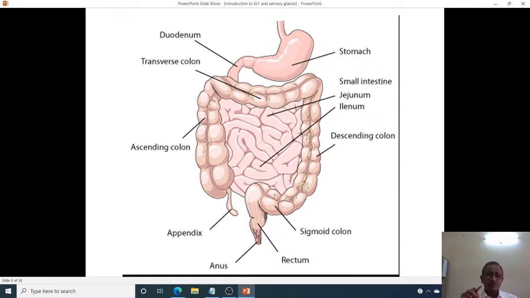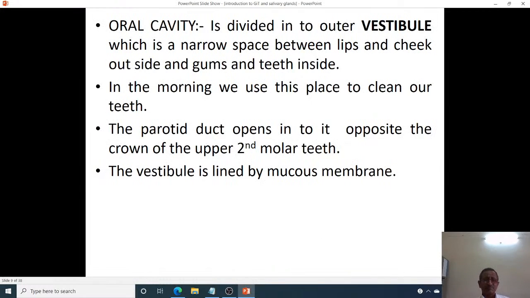So these 20 parts you have to learn by heart and should be able to write whenever you are asked. Then, starting with the oral cavity, we are dealing with each part.